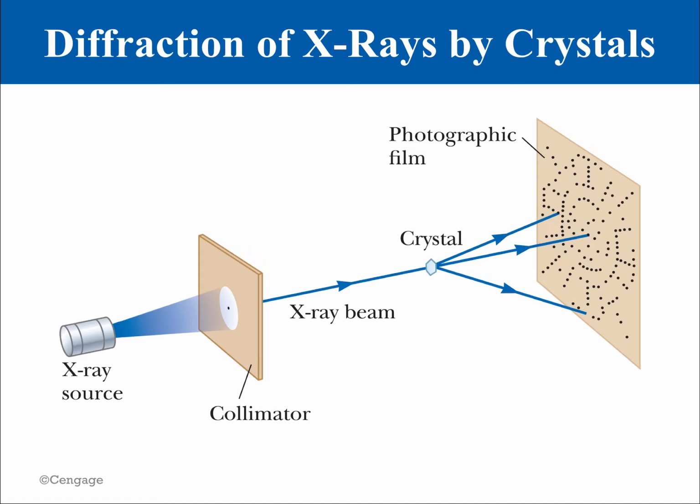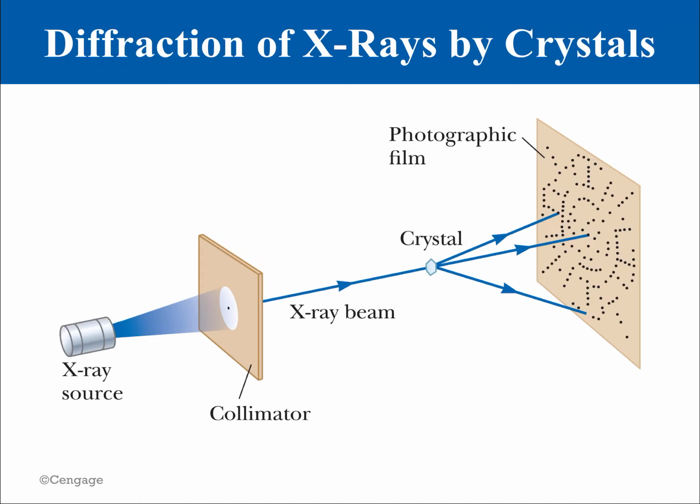So it'd be impossible to construct a grating with such small spacing because that's an atomic spaced grating. But it turns out that spacing already exists in solids, right? So you can actually observe the structure of solids by basically blasting them with X-rays.